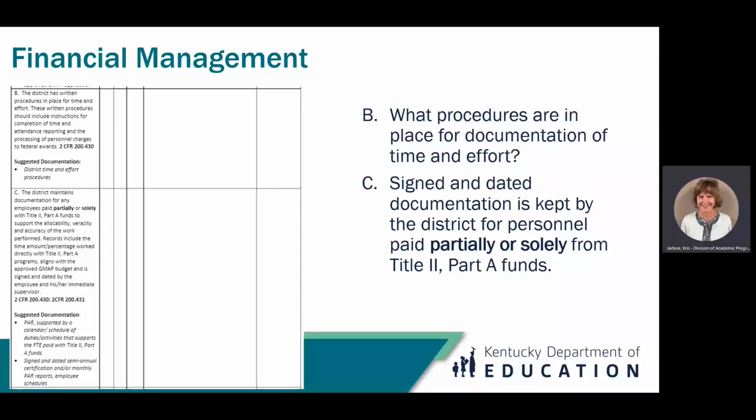B and C have to do with procedures that are used in your district, and both of these have to do with people who are paid out of any type of federal funds.